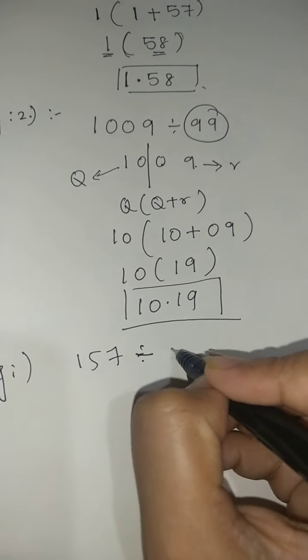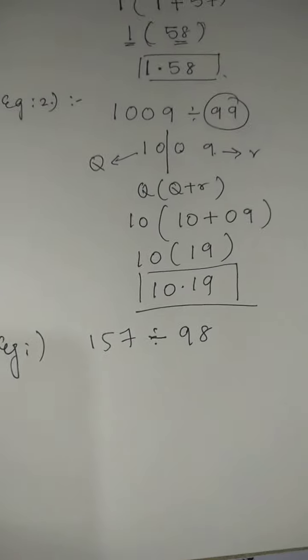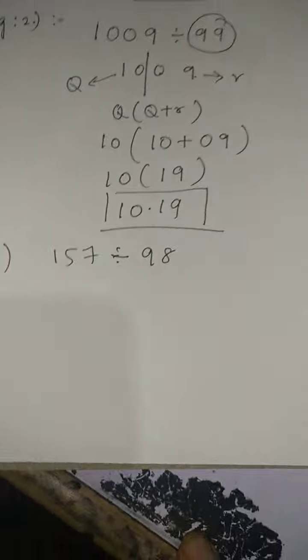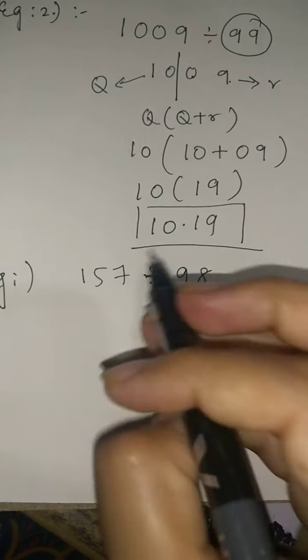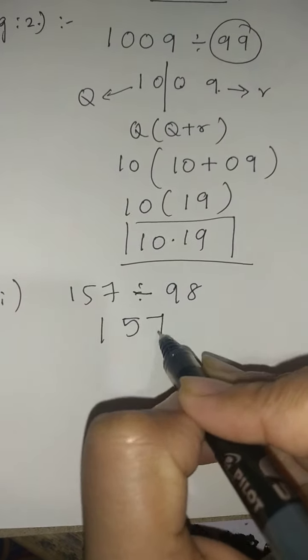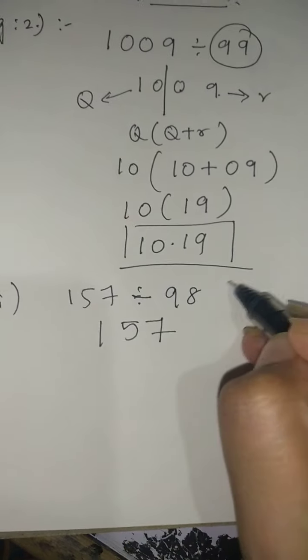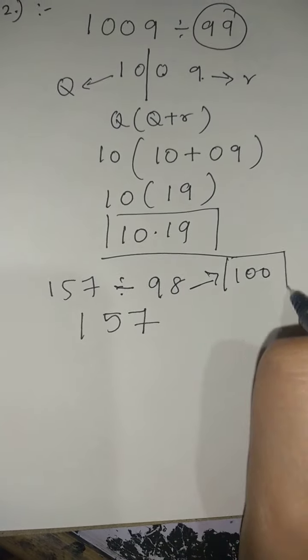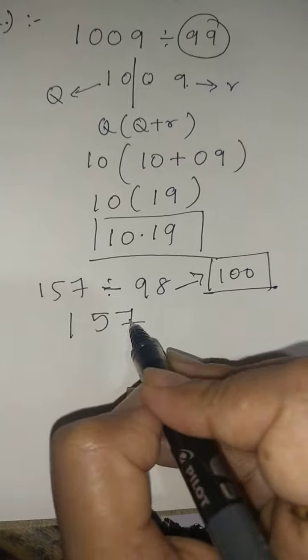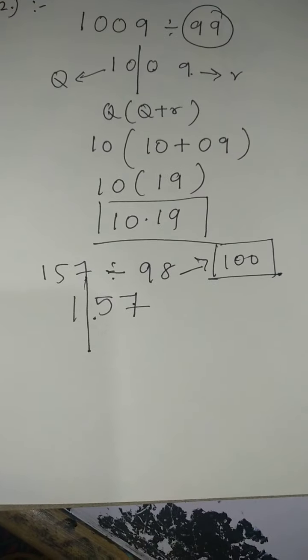157 divided by 98. Okay, second, 98 से अगर मुझे उसको divide करना है, so what will I do? 157. Okay, first of all, 98 का higher base is again 100. Okay, so unit, tens and 100 के बीच में दरार.